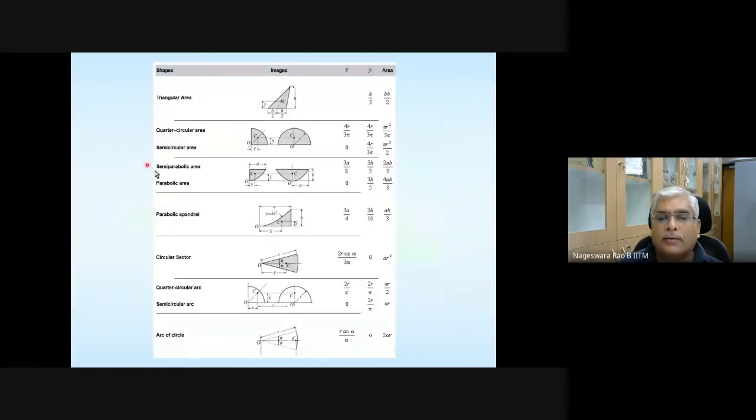So you take a note of this if you have not done it. Semi-parabolic, and these are all well documented. I have just taken it from Wikipedia. So this is the semi-parabolic shape.